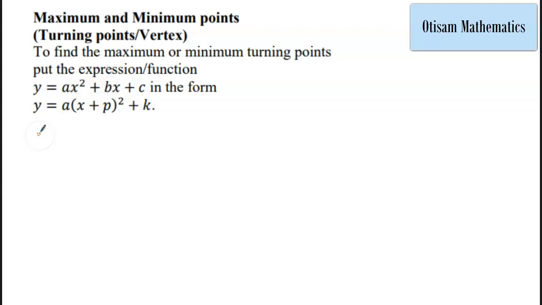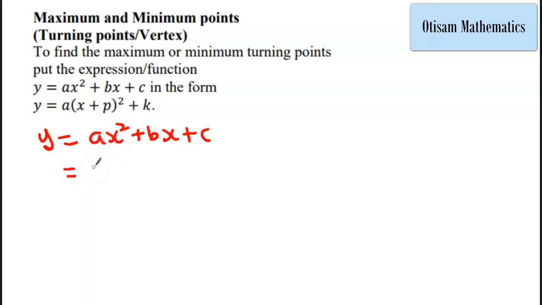So if y is equal to ax squared plus bx plus c, if you want to complete the square, we said that the coefficient of x squared must be 1. So we need to factorize a out so that this becomes 1.